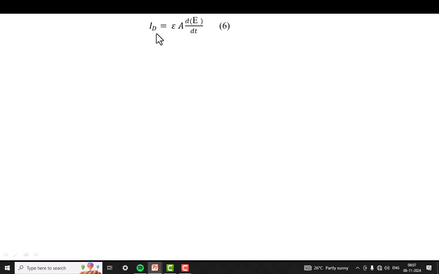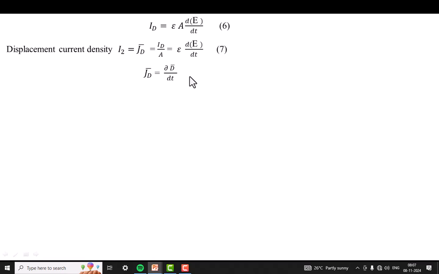Now this current divided by the cross-section area of the capacitor gives the displacement current density, equal to epsilon d by dt of E bar. Epsilon E bar we can write as D bar, the electric flux density. So JD bar equals dou D bar by dou t. This is the expression for the displacement current density.